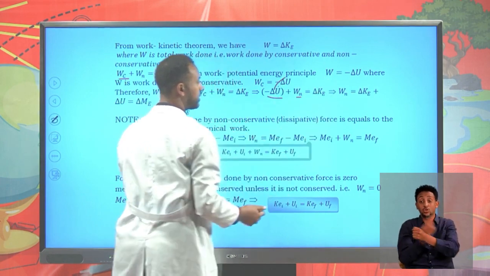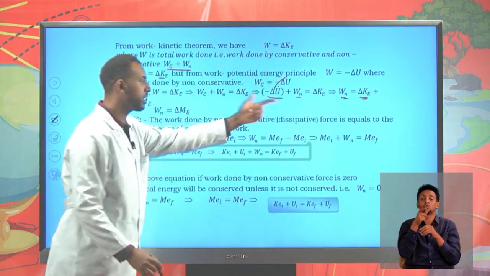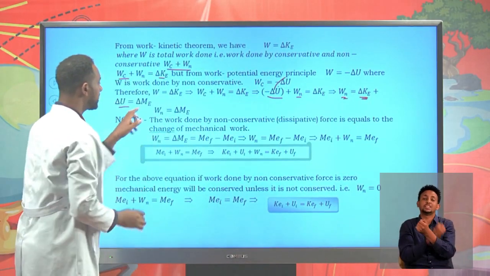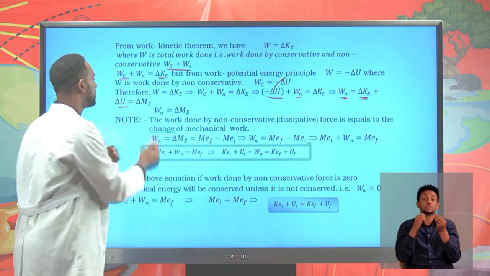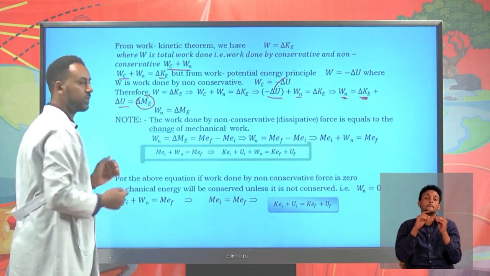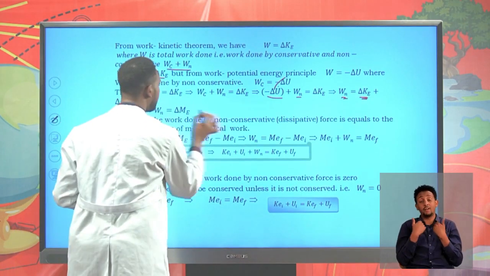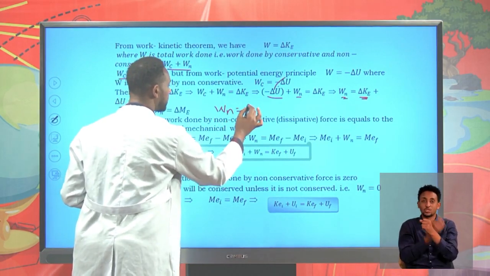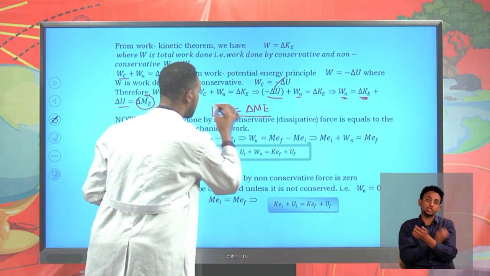When you transfer it, work done by non-conservative forces gives you the change in kinetic energy plus the change in potential energy. The summation of kinetic energy and potential energy is known to be mechanical energy. Therefore, generally, we have work done by non-conservative force is equal to change of mechanical energy.